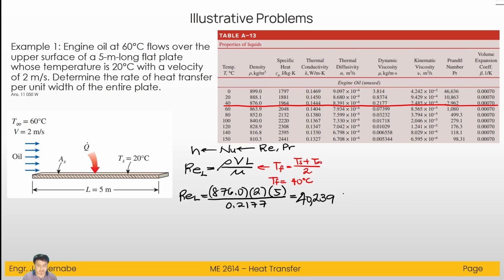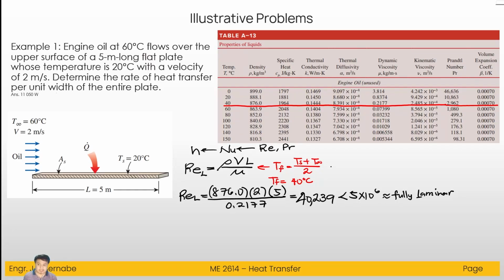As you can see, this is lower than 500,000, or 5 times 10 to the 6. Therefore, it is fully laminar.